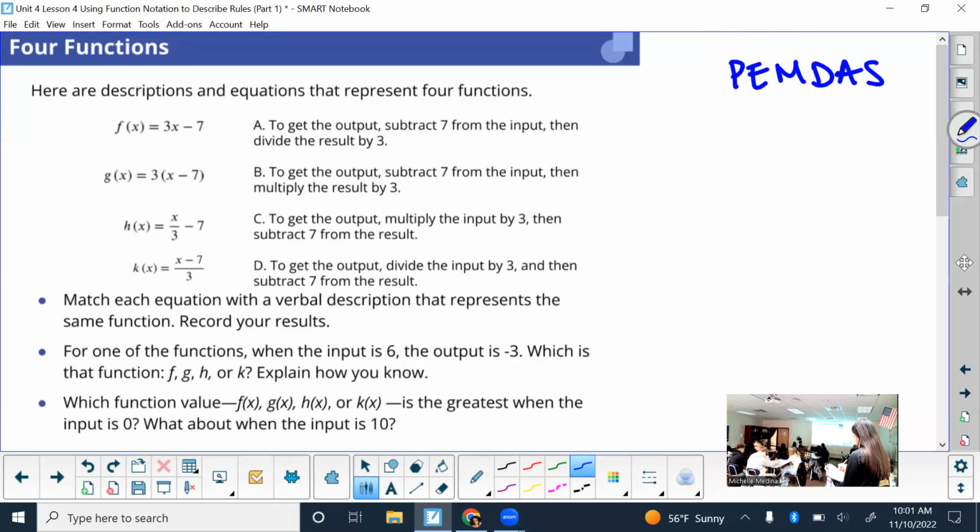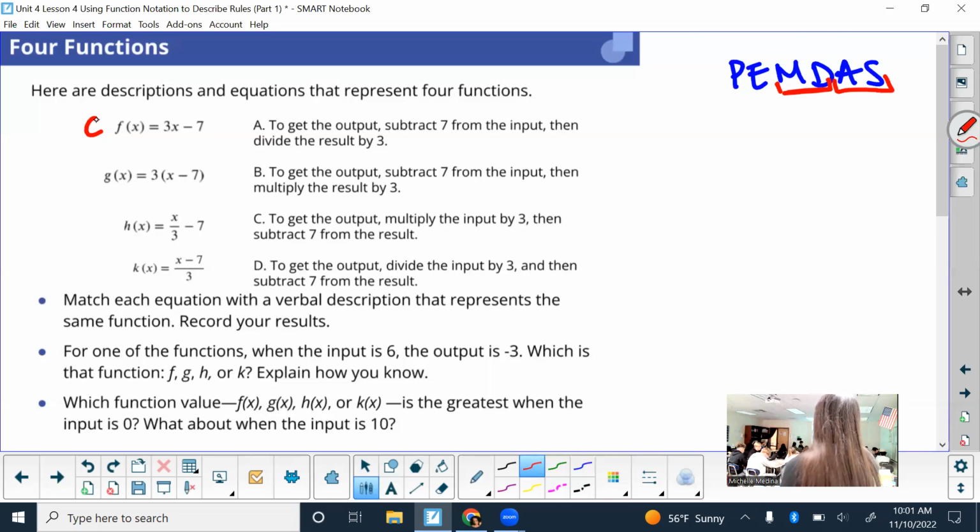Parentheses, exponents, multiplication and division from left to right, so that's in the same step. Addition and subtraction from left to right. So in this one, no, subtraction does not come before multiplying. So yes, those of you that did answer, it is C for the first one.